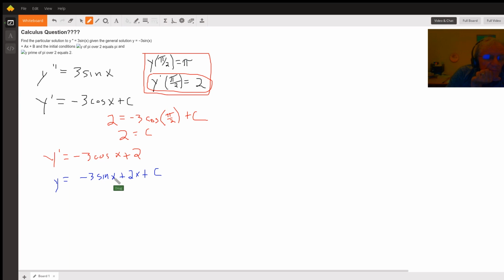That means when we put pi over 2 in for x, we get an answer of pi. So I'll indent again. We get a value of pi when x is pi over 2.